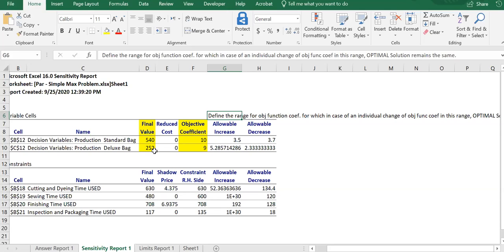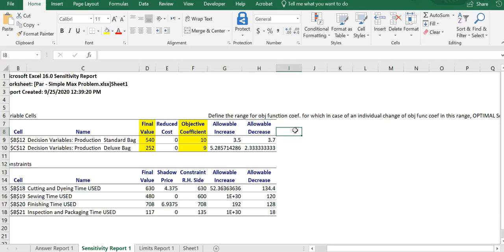Those are going to be the same. Of course, the optimal value of the objective function is going to change. But the best decision that we are going to make is not going to change. The profit is going to change, but the amount of production is not going to change.